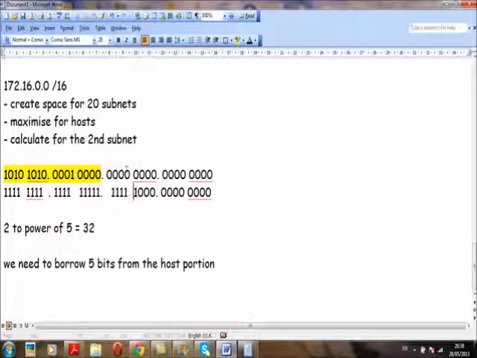So we borrow 5 bits from the host portion, which means my network portion is going to be extended by 5 bits. So we're going to highlight this as well. That's now my network portion. Can you see it's grown? It's grown by 5 bits.